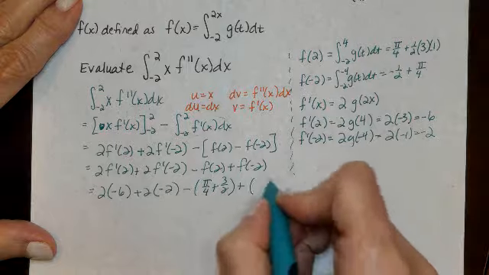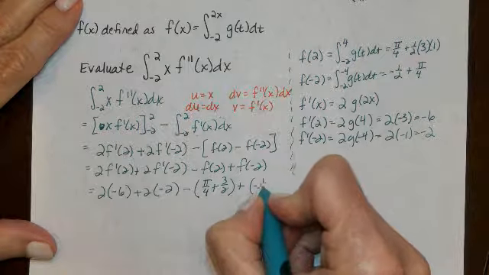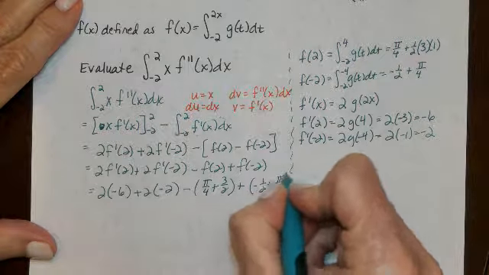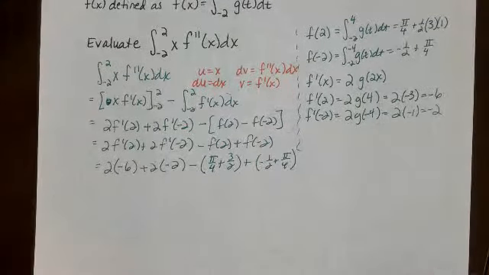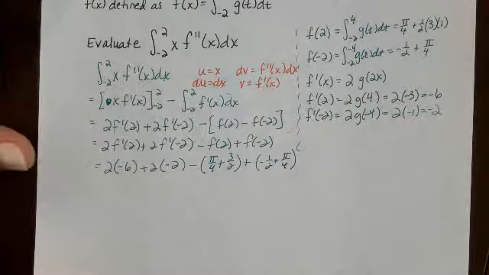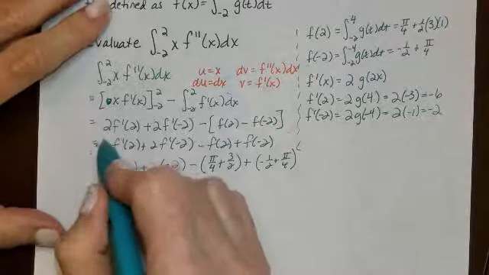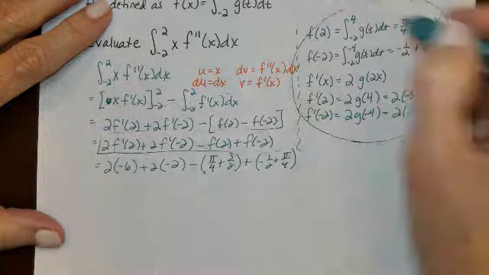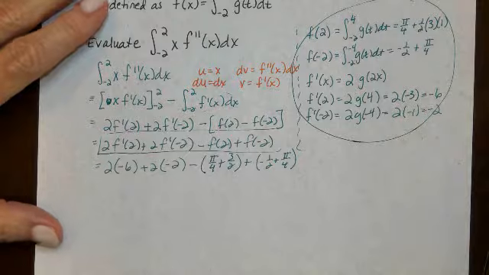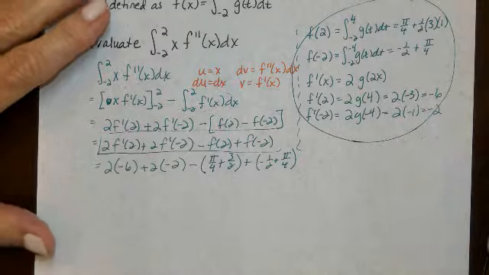And f of negative 2 is negative 1/2 plus pi over 4. Just like that. And yes, you can simplify that, but we don't have to. Okay, so this actually would be a safe stop spot because we came over here and said what each of those was. Right?